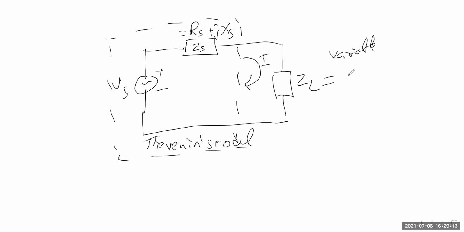We could write it as RL plus jXL. It's not a constant part; this would be variable.